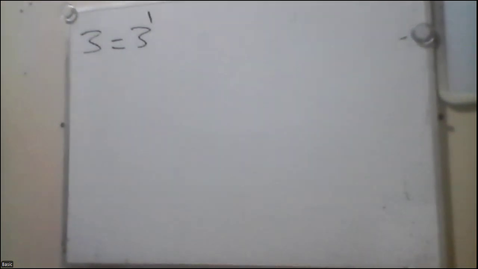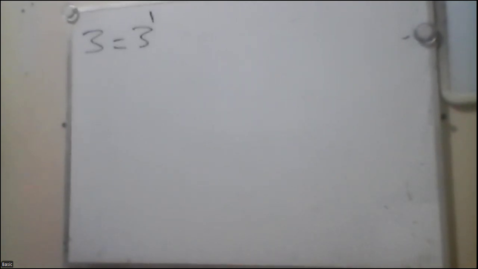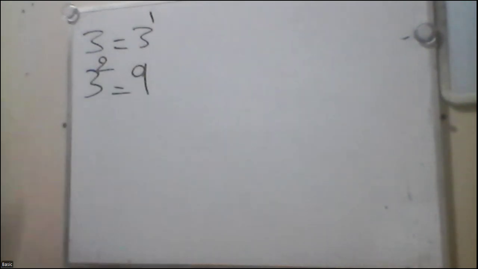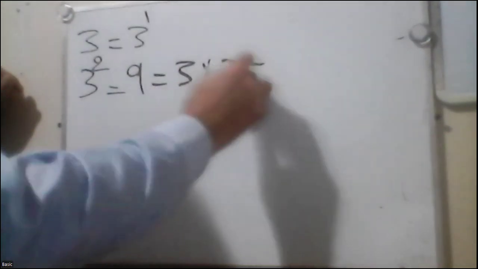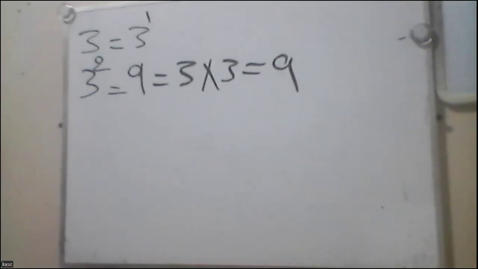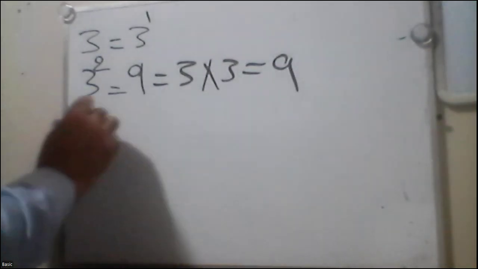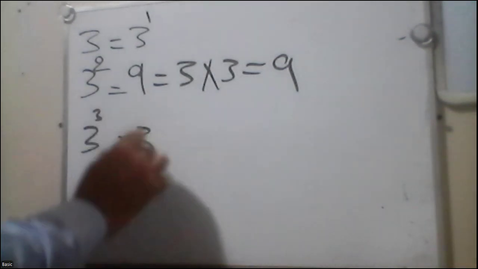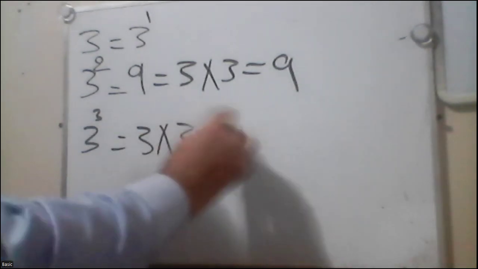Once again, my dears, 3 power 1 means 3. If I say 3 power 2, it will give me 9, because that means 3 multiplied by 3, which gives me 9. 3 power 3 means 3 multiplied by itself 3 times, which means 3 multiplied by 3 multiplied by 3.